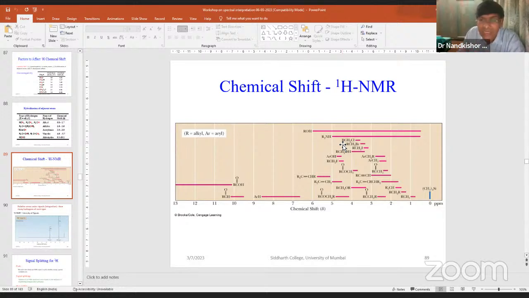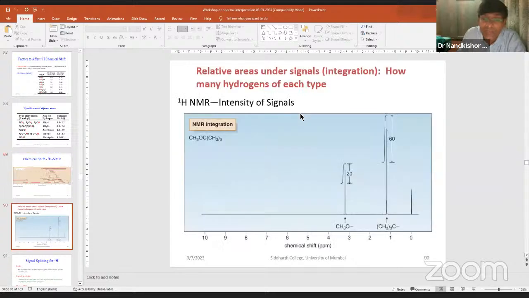Salicylaldehyde has an OH group in intramolecular hydrogen bonding, where the OH peak, which is normally 1 to 5 or 6, will be in the range of 14 del, 14 ppm. So because of the hydrogen bonding, the chemical shift is hugely affected.